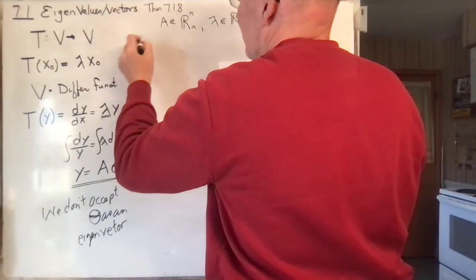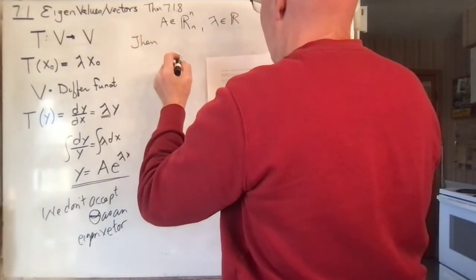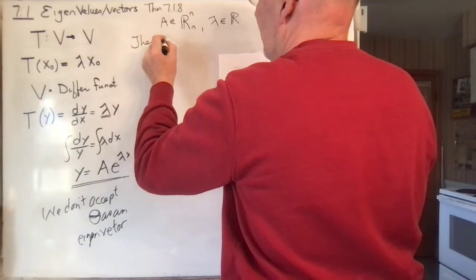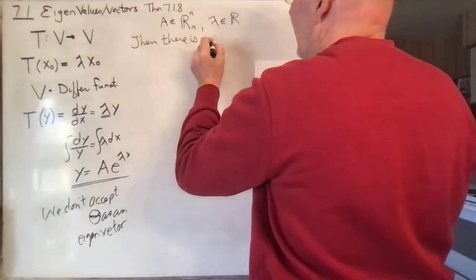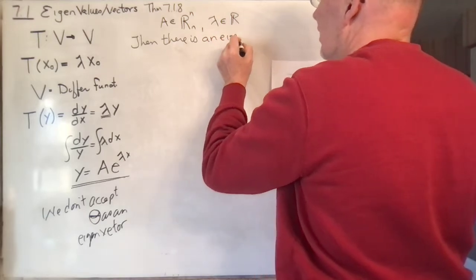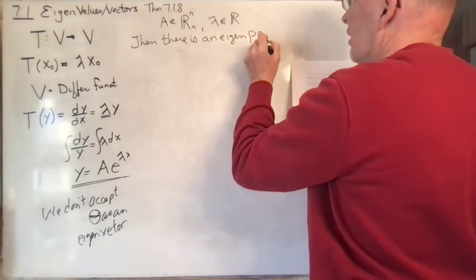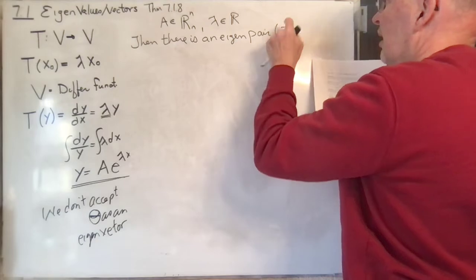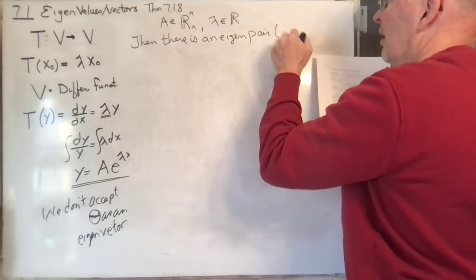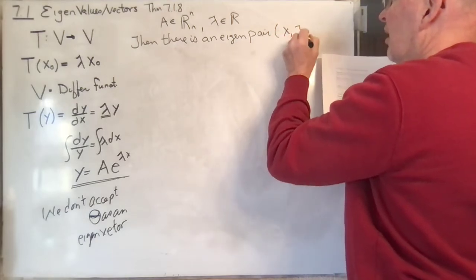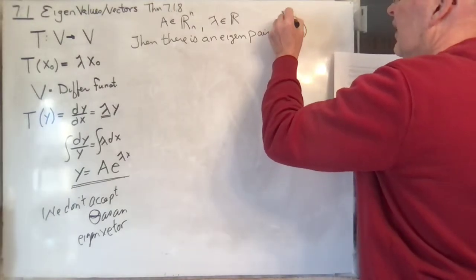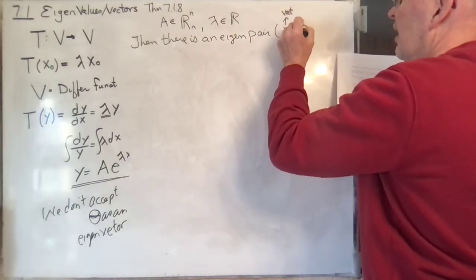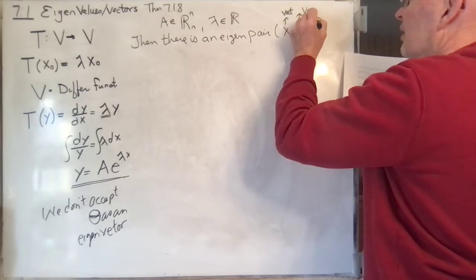Then here's the then. Then there is an eigenpair x, lambda, where this thing is your eigenvector and this thing is your eigenvalue.